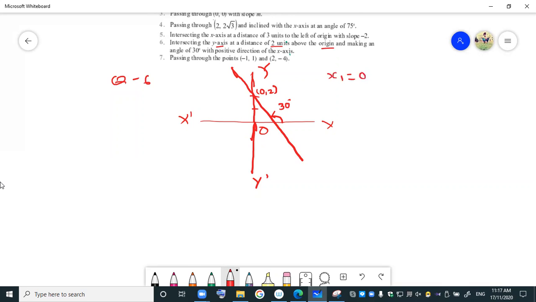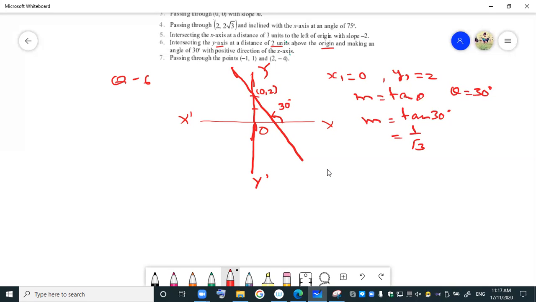x1 is equal to 0 and y1 is equal to 2, and m we have to find. m is equal to tan theta and theta is equal to 30 degrees. So m is equal to tan 30 degrees. Tan 30 degrees is 1 by root 3.